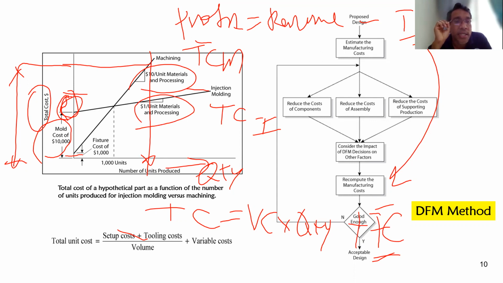Even though we see that we use less capital investment at the beginning, for unit cost we lose already. But if we think for the long term, we need to invest more in injection molding, and then we can get $1 per unit for material and processing fees for the part.